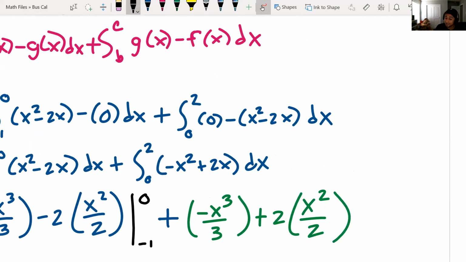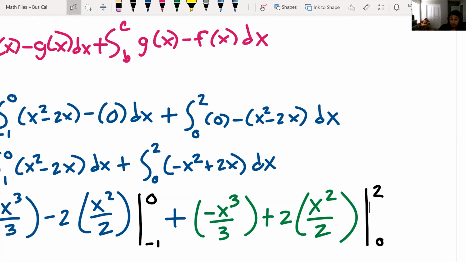And we are evaluating this from 0 to 2. Okay, more cleanup.